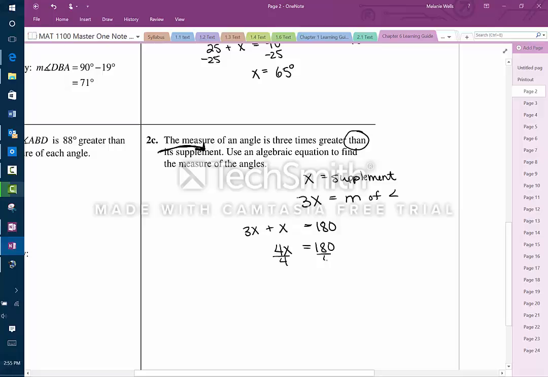Divide both sides by 4. X is equal to 45 degrees. Now that's one angle. That's actually the one that we've allowed to be the supplement. So then 3 times 45 is 135. So your 2 angles would be 45 degrees and 135 degrees. Those would add to give you 180.